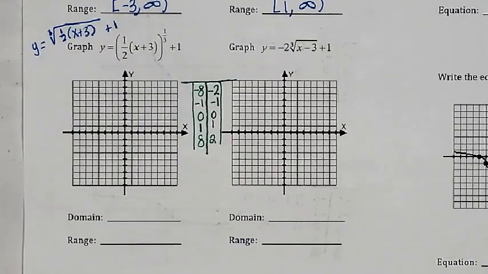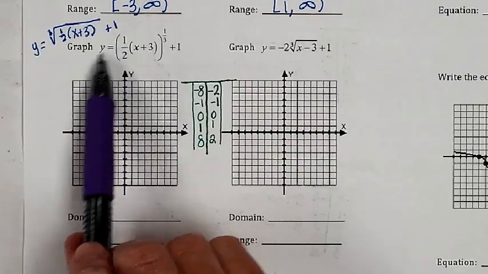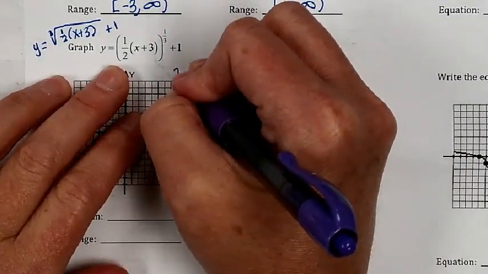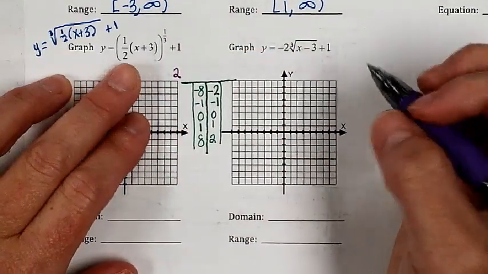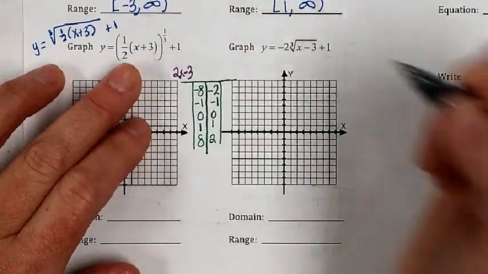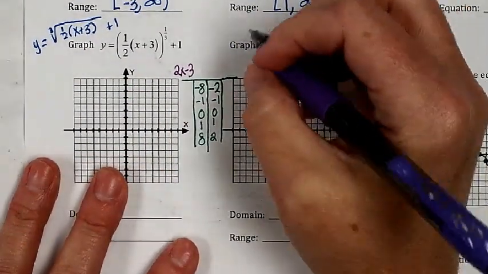Now for the x's, the 1/2 is already factored out. So the opposite of multiplying by 1/2 would be multiplying by 2. So 2. Minus 3. Perfect. And what would the y values be? Y plus 1.